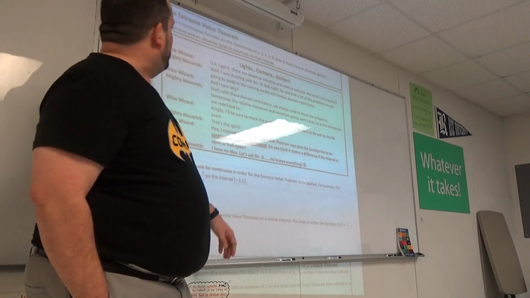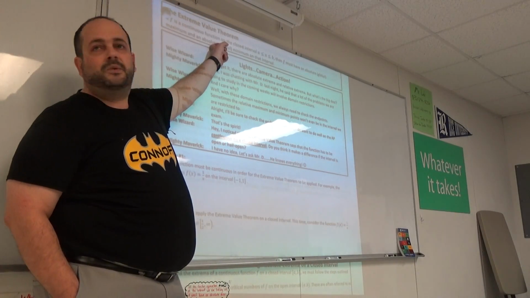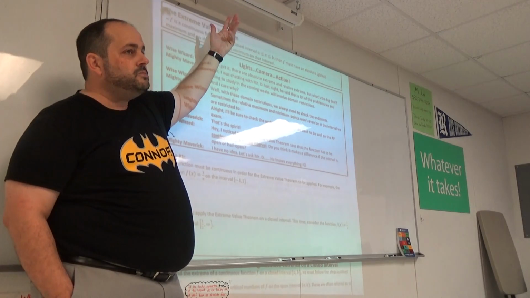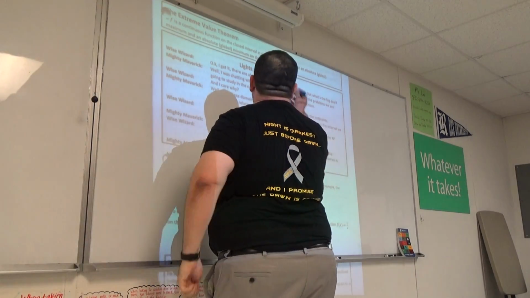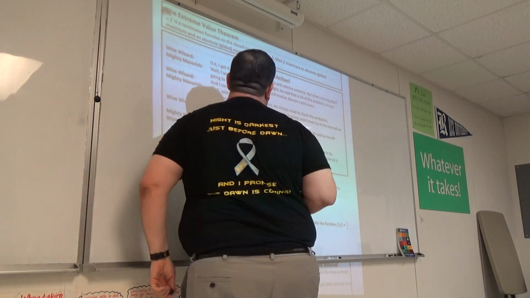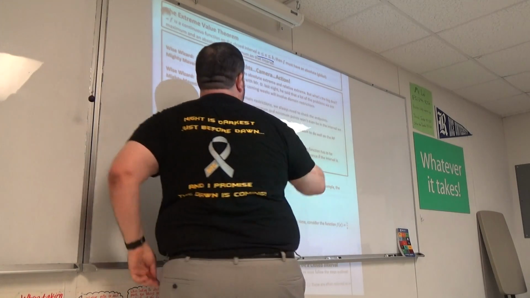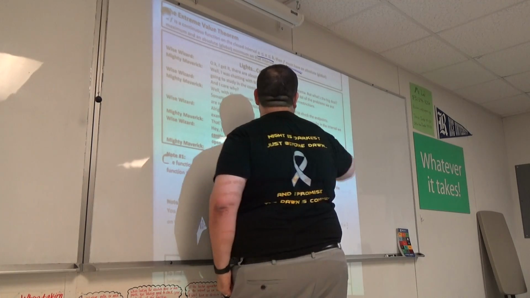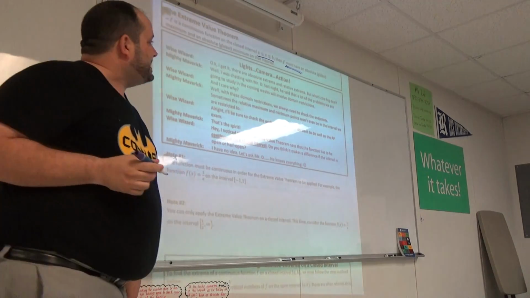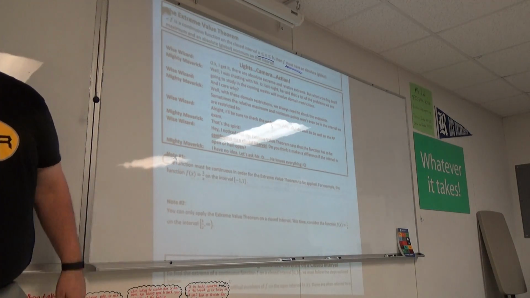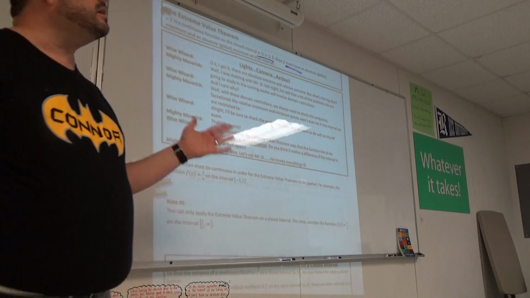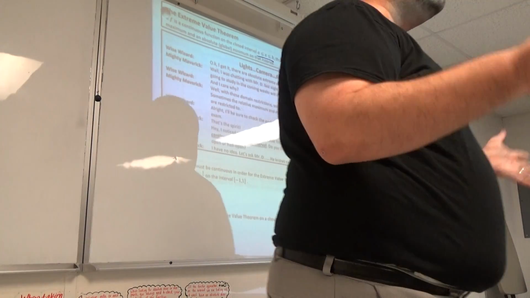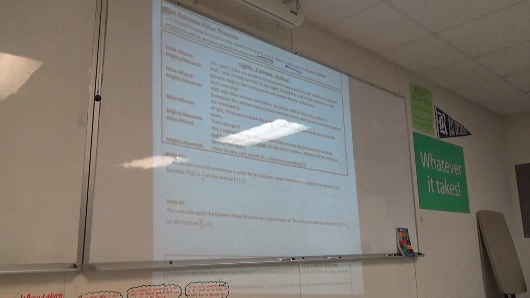The extreme value theorem says this: if f is a continuous function, no holes, no jumps, no breaks, no vertical asymptotes, on a closed interval [a, b], then f must have an absolute max and an absolute min. Continuous function on a closed interval, there will always be an absolute max, there will always be an absolute min.